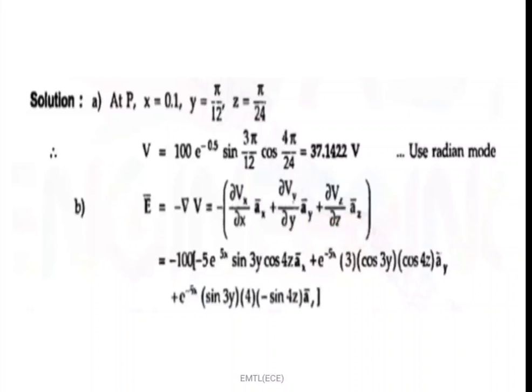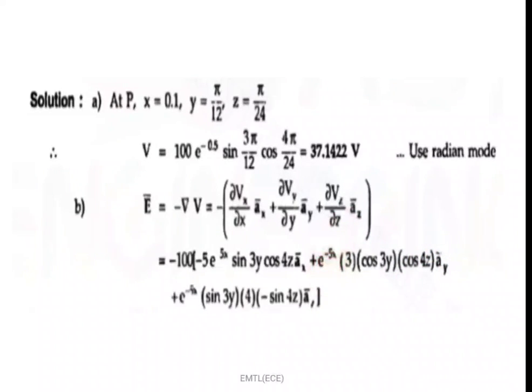Now with respect to x, the differentiation of e power minus 5x is minus 5 into e power minus 5x, and the remaining terms are taken as a constant, sin 3y cos 4z, Ax.